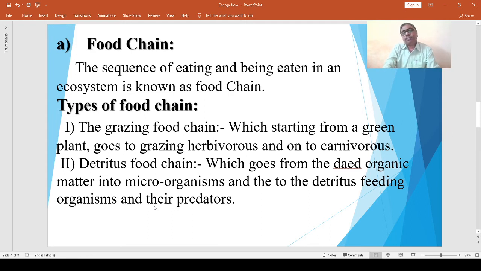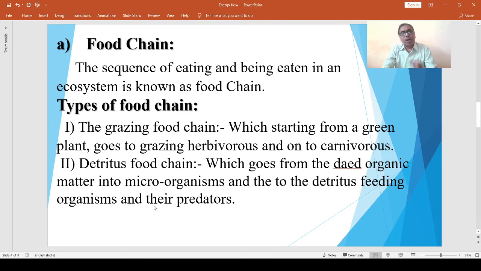In the ecosystem, the physical environment provides energy and raw material like H2O, nitrogen, and a number of mineral nutrients. The solar energy is captured by green plants and converted into chemical energy of food.